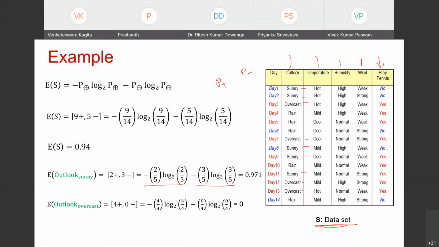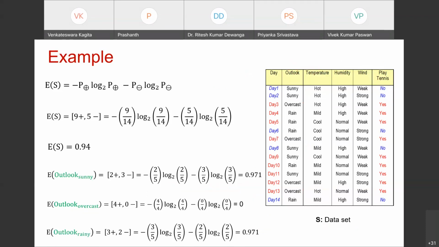So we've got 0 here. Then for rain, 3 of the instances are positive, 2 of the instances are negative. So you will get the same entropy as sunny because the mix of the examples is the same. So 0.971. So we have completed one attribute.